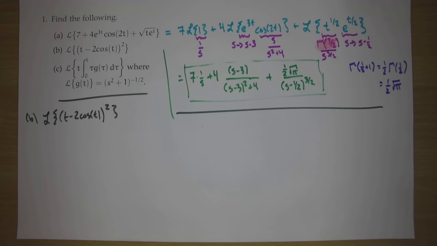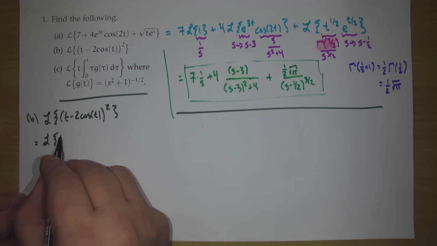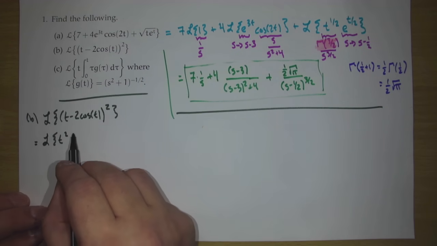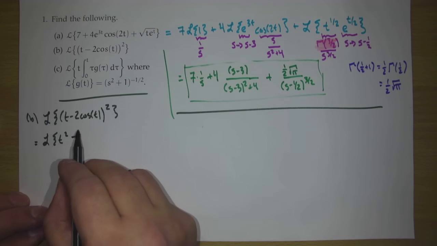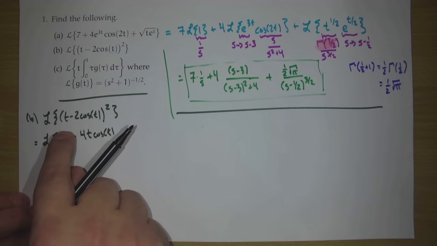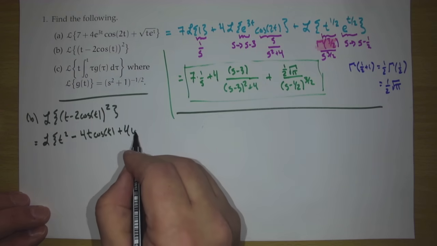So a lot of the work for doing Laplace transforms and inverse Laplace transforms is rewriting and asking, how can I rewrite this to make it table friendly? So if I see a square, that's the same as the Laplace of t squared, and then we have the cross terms, minus 2 times t times 2, so altogether it's minus 4t cosine t, like a squared minus 2ab plus b squared.